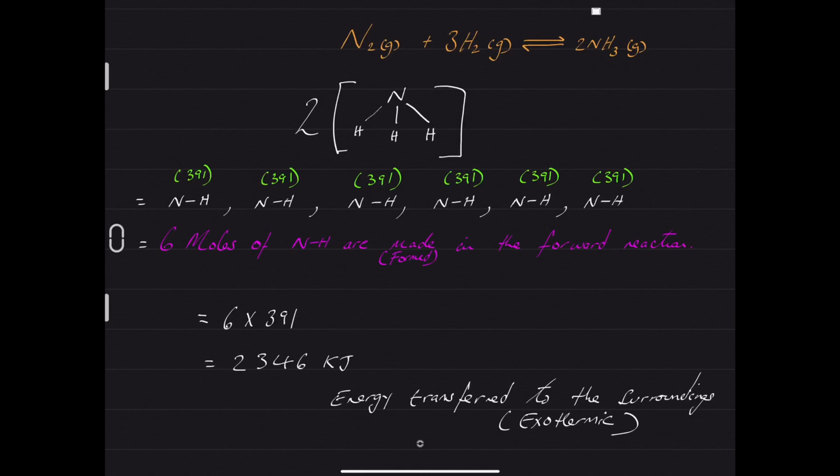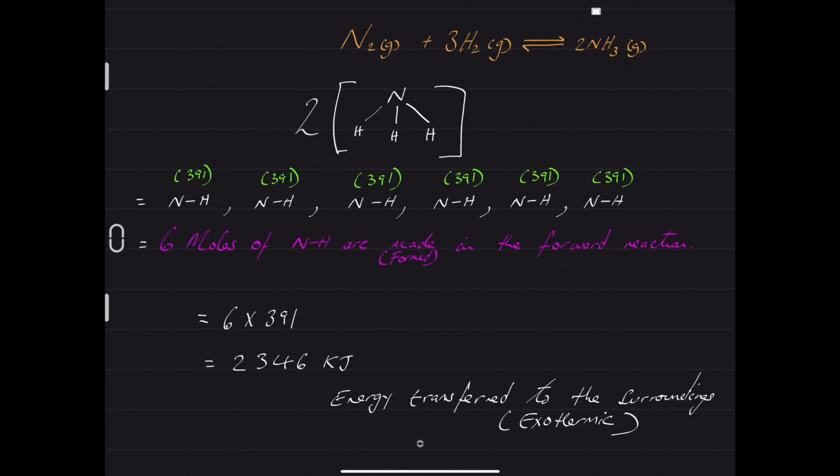That's why I've listed 391 above each nitrogen to hydrogen bond. So using this, we can say 6 times 391 will give us 2,346 kilojoules.